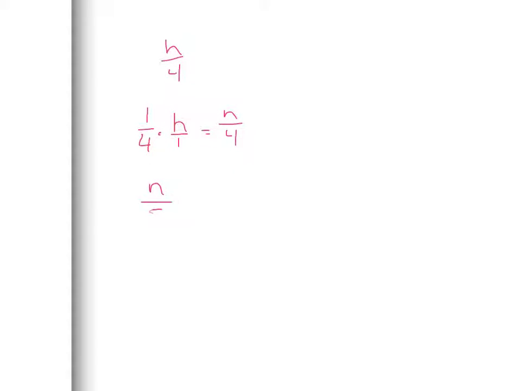I have n over 5. How do I rewrite that as a multiplication of a fraction? Sammy. 1 over 5 times n. Now I'm going to give you one that's a little bit more complicated. 2n over 3. How can I rewrite that as a multiplication of a fraction? Brandon, what do you think?